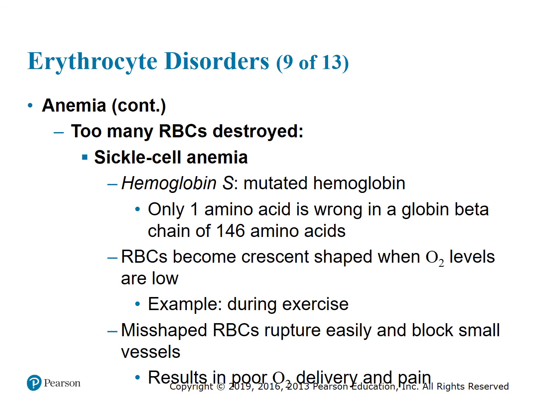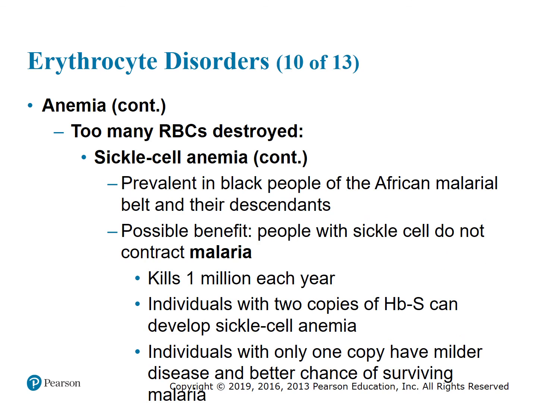Red blood cells become crescent-shaped when oxygen levels are low, for example, during exercise. These misshaped red blood cells rupture easily and block small vessels, and the result is poor oxygen delivery and pain. Sickle cell anemia is prevalent in Black people of the African malarial belt and their descendants.